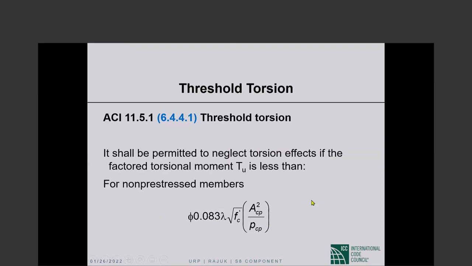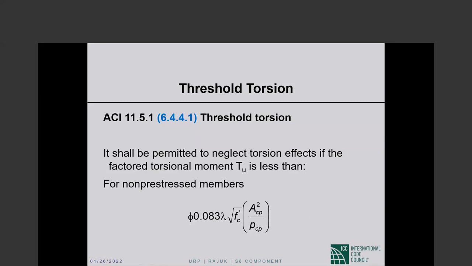In US units, it's 1 square root of f sub c prime A sub cp squared divided by P sub cp. P sub cp, remember, is the perimeter of the thin wall tube, and then A sub cp is the area enclosed by that perimeter.